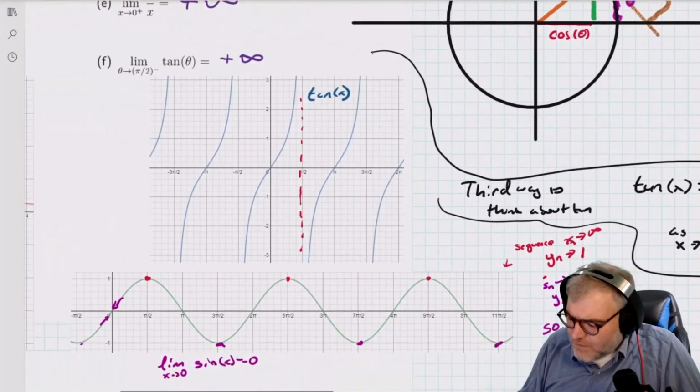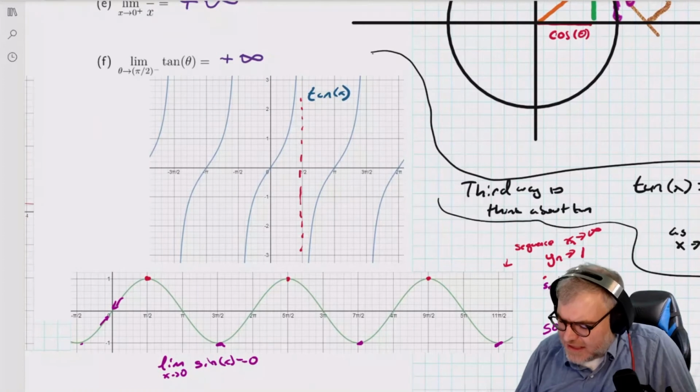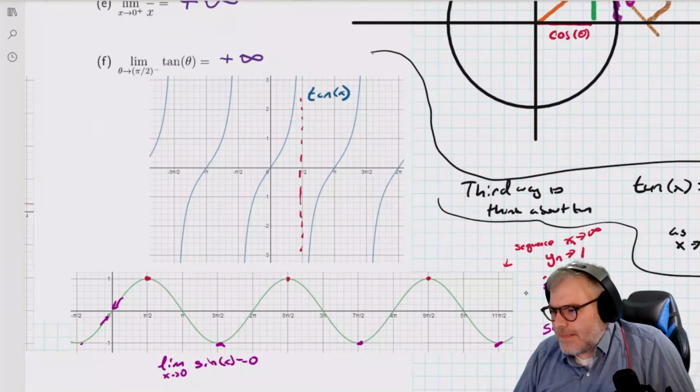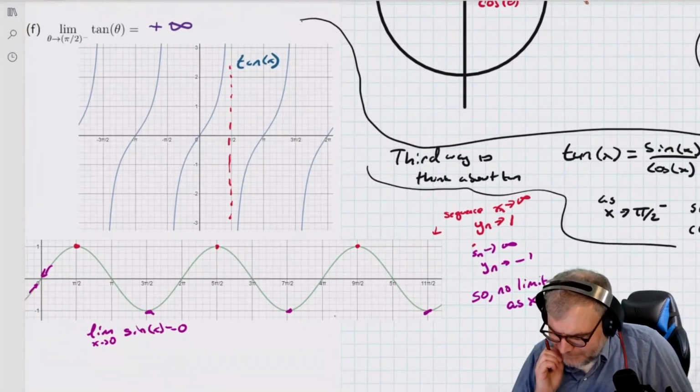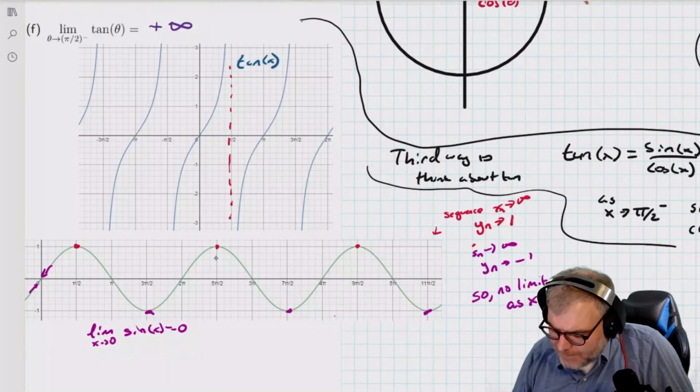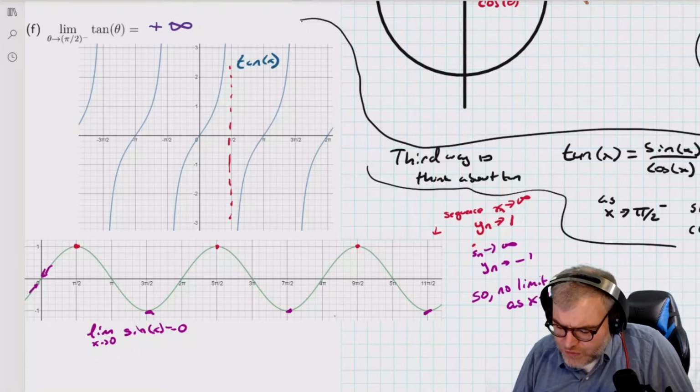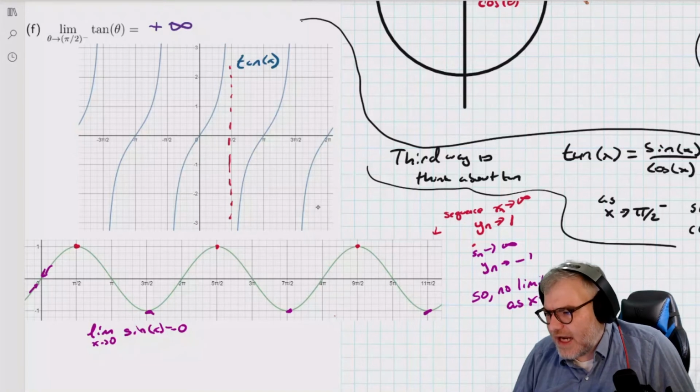The idea was that every sequence in x that goes to infinity, that sequence in y would need to go to some number. So here's what happens. I could pick pi over 2, 5 pi over 2, 9 pi over 2, and so on, going up by 2 pi every time.